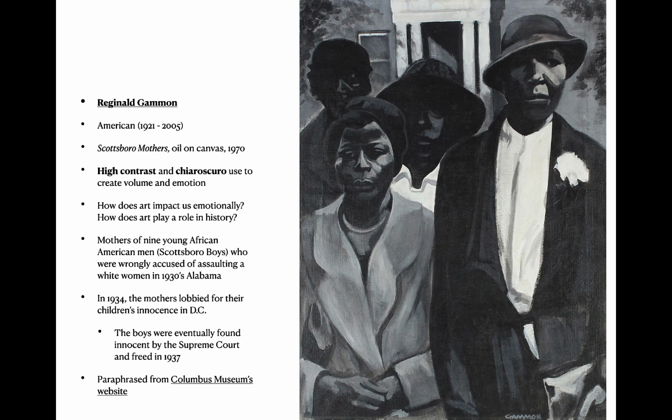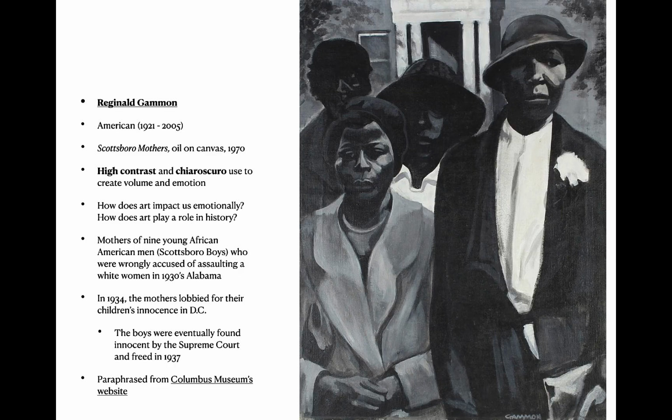It was done in 1970, and he was looking back at this incident that happened in Alabama in the 1930s, where they were called the Scottsboro Boys. Some 9 young African American men were wrongly accused of assaulting a white woman in 1930s Alabama.